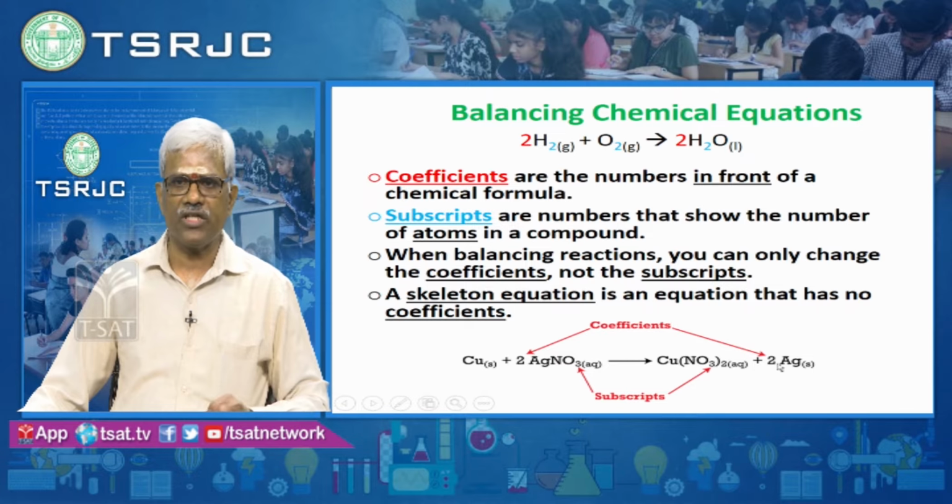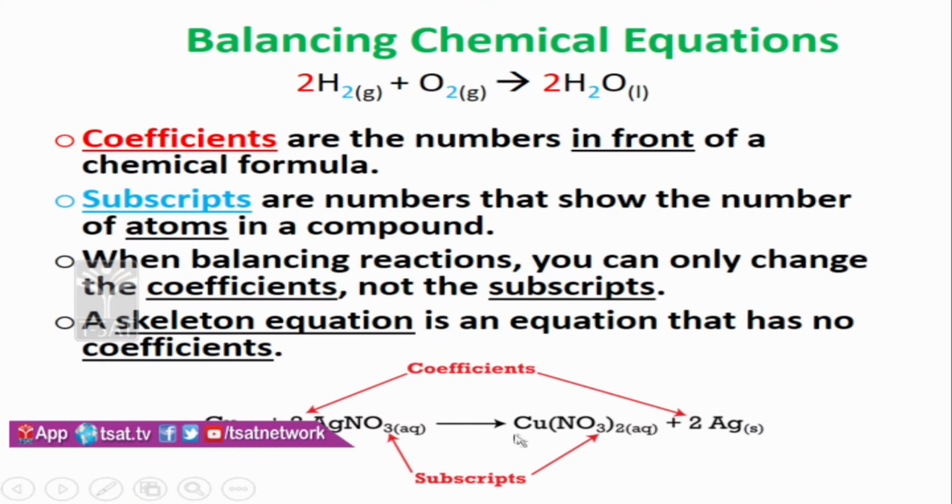If the question is framed in such a way, we have to write Ag, silver. To balance the skeletal equation we have to put 2 here, giving 2 Ag atoms, and here also 2 Ag atoms. The remaining atoms are already equated, they are not changed.